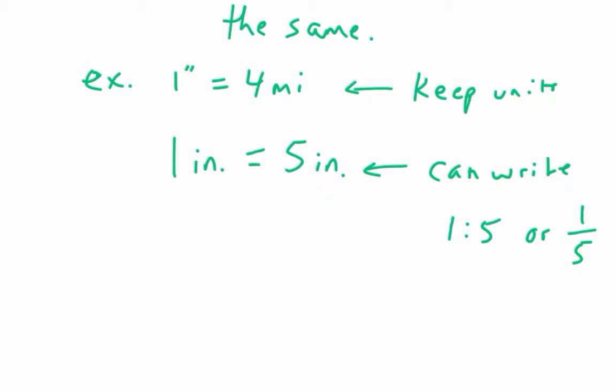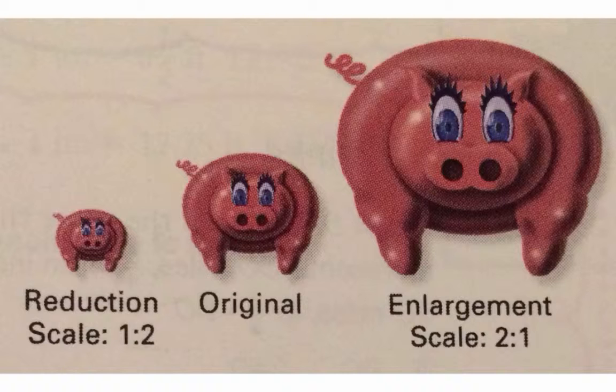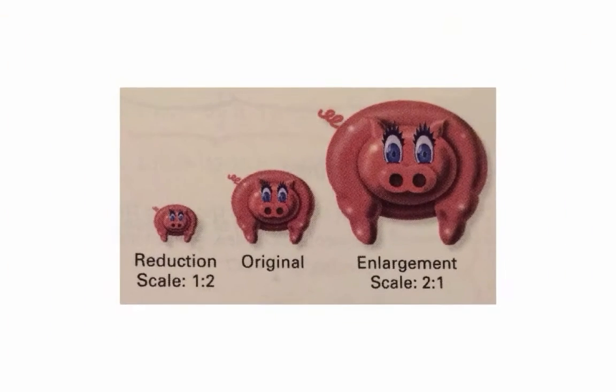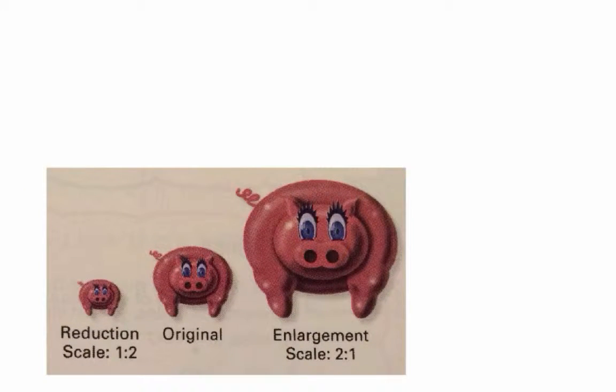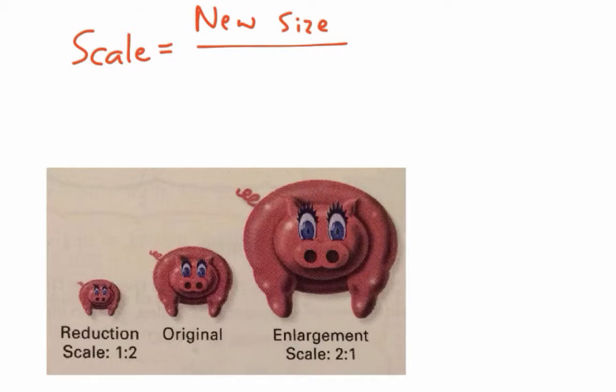Then we'll flip to the next thing. The next thing is setting the scale, and I'm going to put this in red for dramatic emphasis. This is important. The scale for something is always going to be the new size divided by the original size, or you could say old if you wanted to make it shorter.